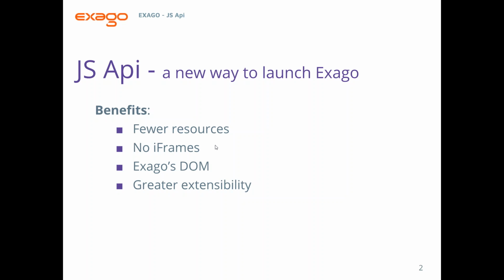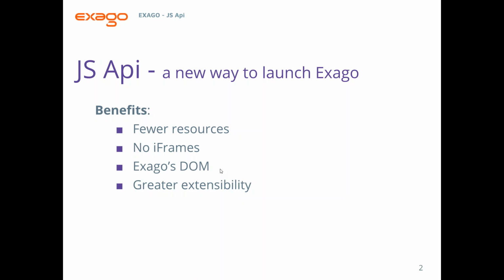Now, of course, there are some pros and cons to iframes, but if you do want to move to other types of containers, simple divs is going to be the example we use. Of course, that's now going to be supported through the JS API. And because you're embedding Exago without use of an iframe, you'll have access to Exago's DOM. Now, this, of course, has some possibilities for conflicts with things like CSS.